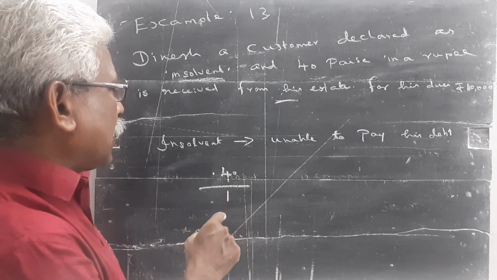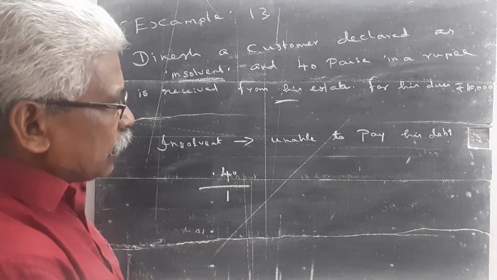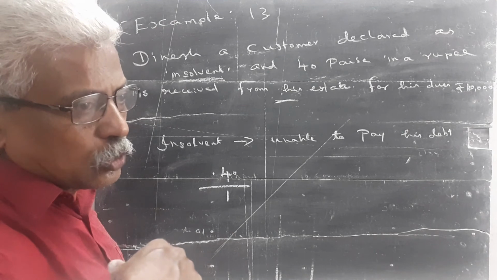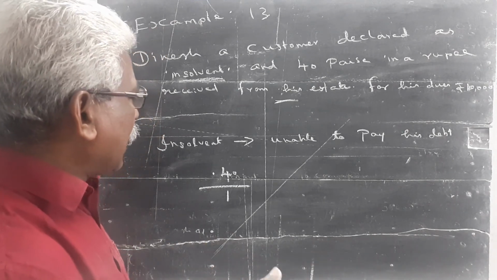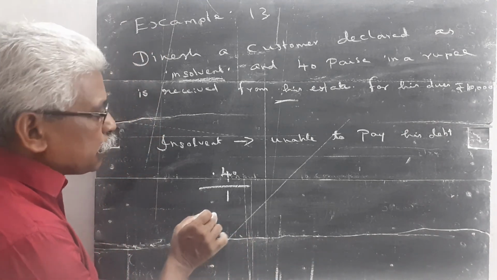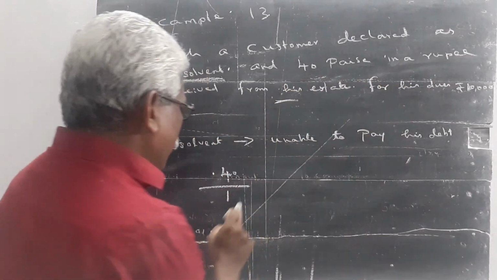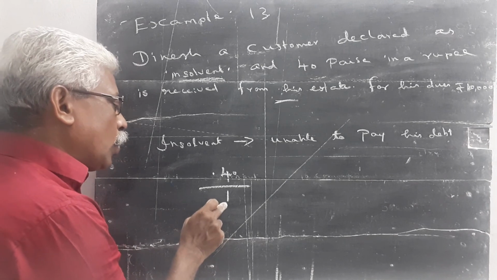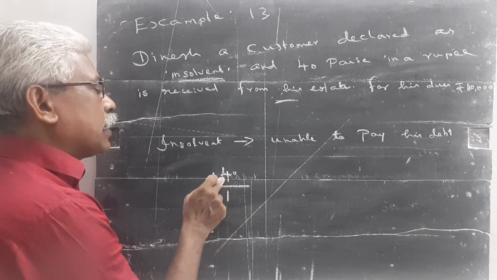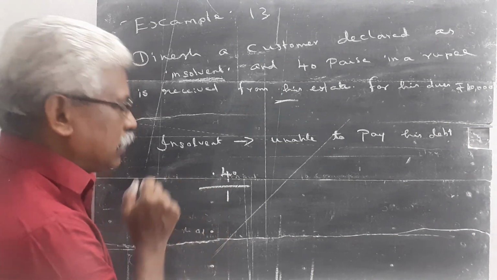In that circumstance, the court appoints an official receiver. The official receiver sells all the properties, and the amount is settled on this basis. It is given in the question, 40 paise is given in a rupee. If a person lent 1 rupee, that person is eligible to get only 40 paise.